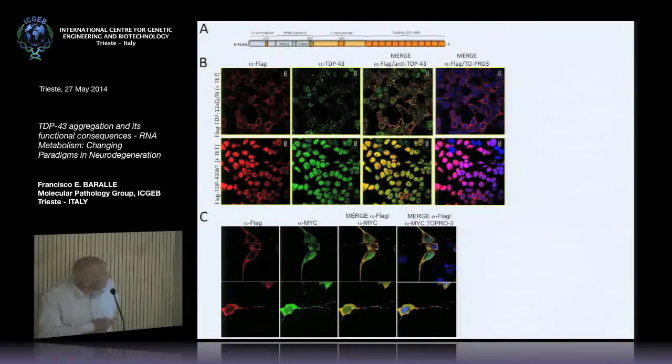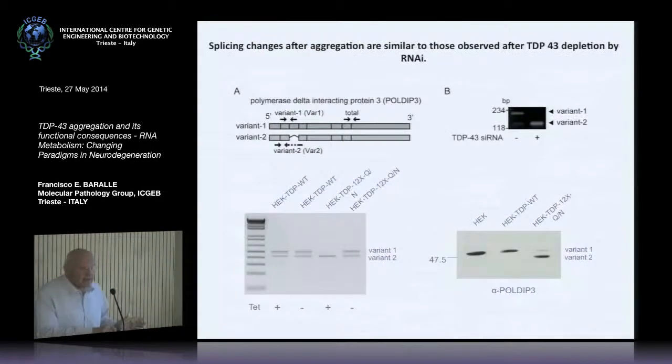If you transfect this molecule into neuronal-derived cells, you get aggregates as well, and very nicely you can see them also when you differentiate the cells, along the dendrites or axons or whatever they are making in culture. So that was very exciting because the splicing was changing as well.